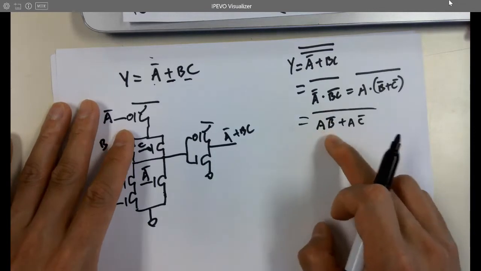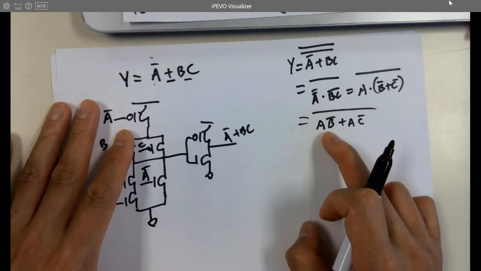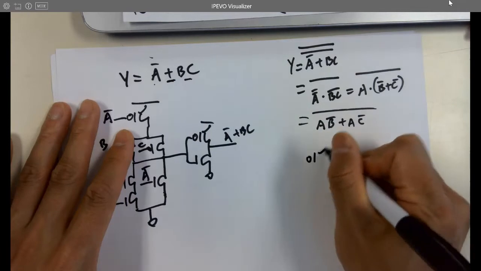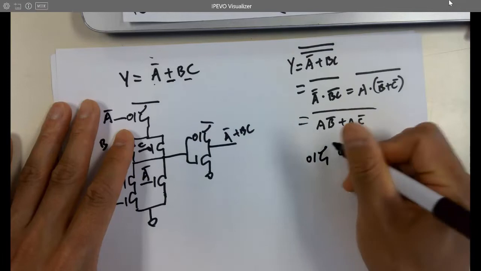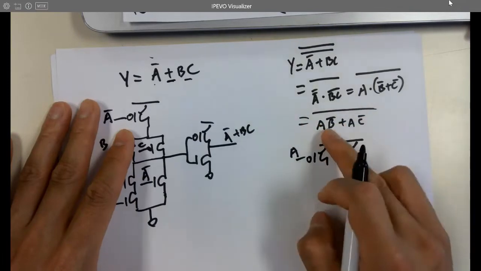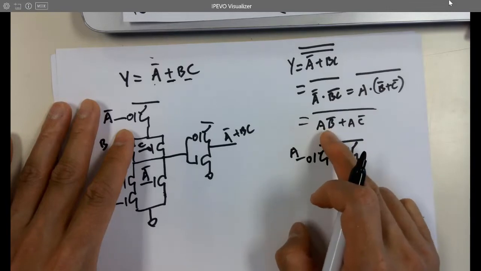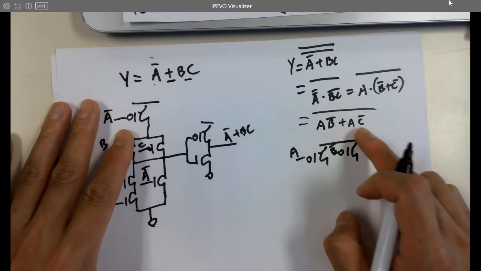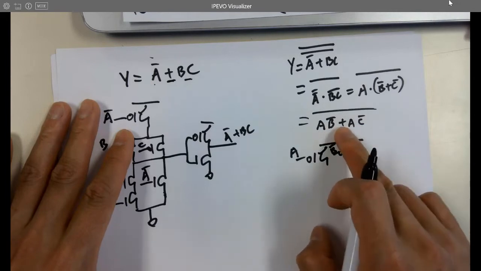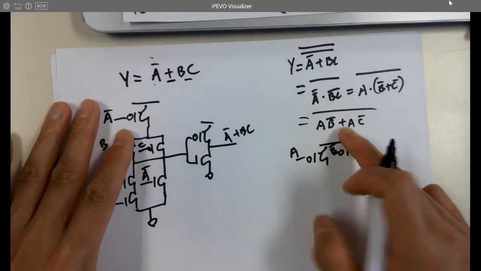So A, B not, they are in parallel, series with PMOS. Parallel, right? Because this is NAND gate, always think of the NAND gate. Remember, NAND gate has a parallel PMOS on top. And this is NAND gate as well. And this is NOR gate. So NOR gate has the two structures, two entities in series.